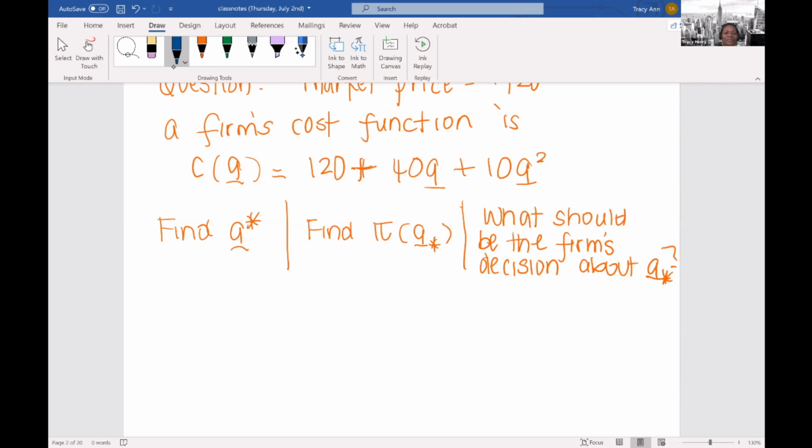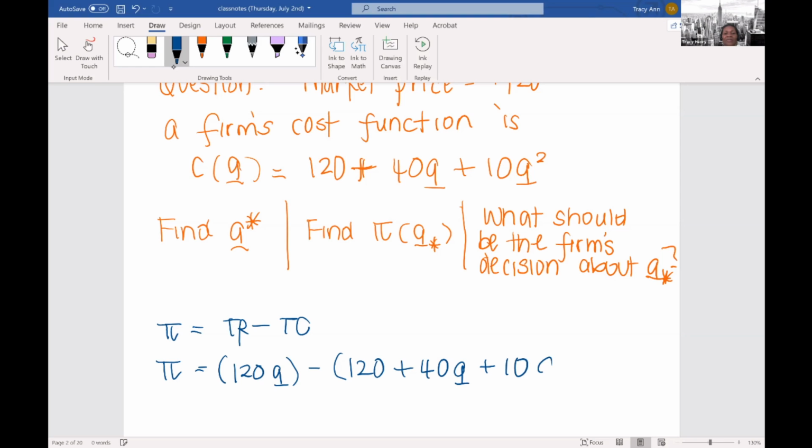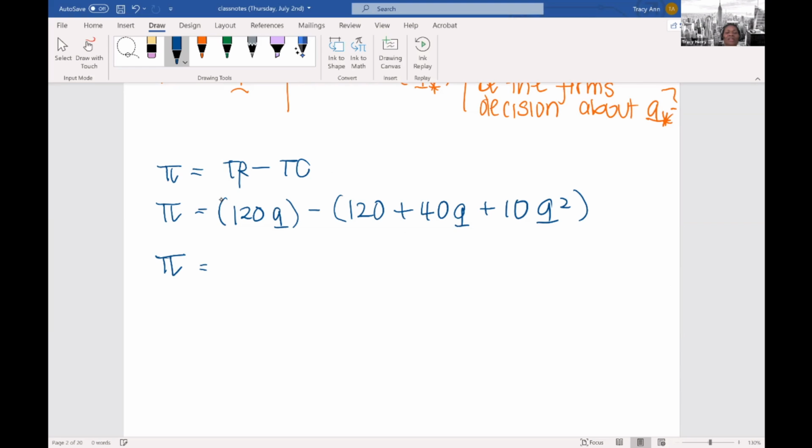So let's do that. Your profit function is equal to total revenue minus total cost. So my profit is equal to total revenue, which is price times quantity, 120 times my quantity, minus my total cost, 120 plus 40q plus 10q squared. So my profit function, nice and easy, is equal to 120q minus 120 minus 40q minus 10q squared.